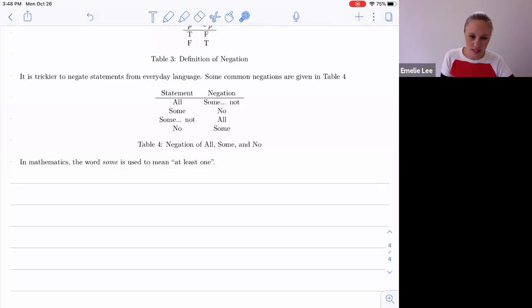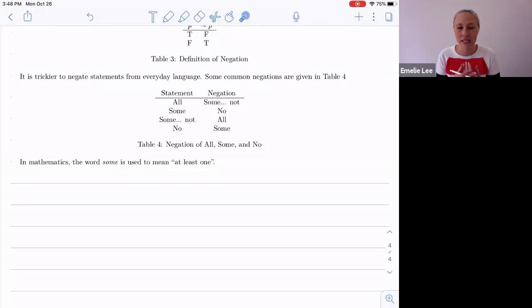Okay, so looking at the assignment, I was working ahead here, trying to save time. The assignment says all students wear hats, and then the negation is some students do not wear hats. So all students do wear hats, some students do not wear hats. Does that make sense? I know, it's not what we want it to be.